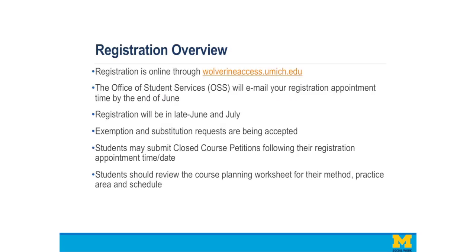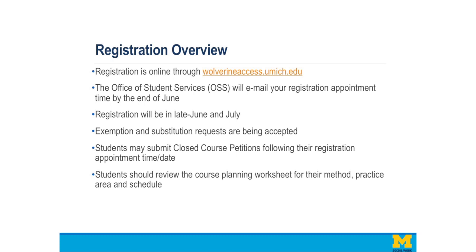A little bit of a registration overview. It's online, wolverineaccess.umich.edu. We will be emailing out of our office your registration appointment time in mid-June. Folks will be registering in late June and July this year.